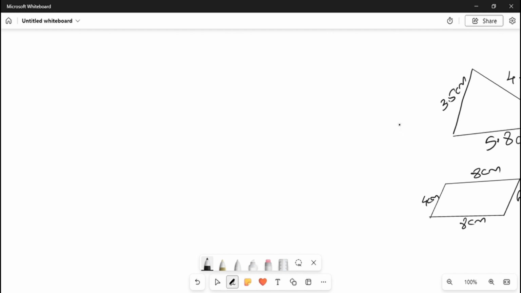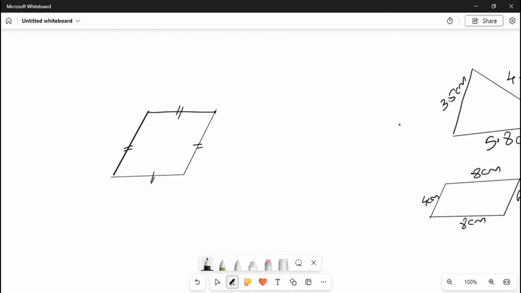Now if you look at the rhombus, you know all sides are equal, but the corner is not 90 degree. This is the difference between the square and the rhombus. Here all sides are equal, but the corner is not 90 degree.